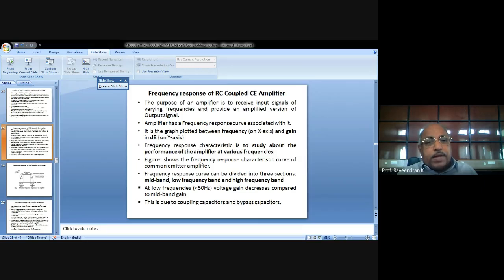So this particular point where the mid frequency power, that is the power available at the mid frequency band region, is reduced to 0.707, if the power handled by the amplifier is reduced to 0.707 AV, then such powers at F1 and F2 are called half power, or the frequency at which the half power takes place.